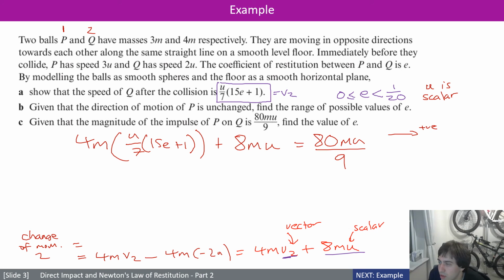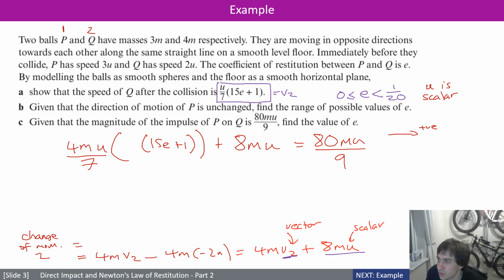So let's bring the u out here actually. Get rid of that u there. Let's change it to 1 and change that 4m to 4mu. And then what else can we do to make this a bit nicer? I think since we're trying to hone in on the e, let's bring the 7th outside as well actually. Right. So now, perfect. Okay, we can get rid of the m's and the u's.